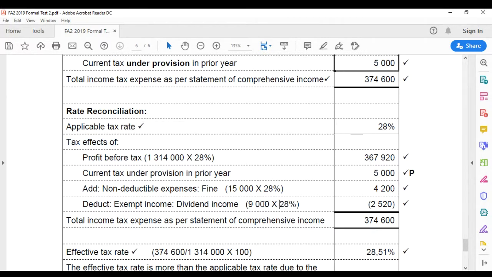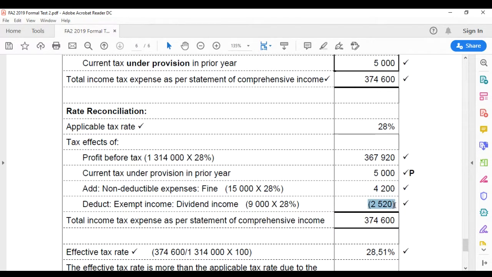So what effect did this 9,000 rands worth of exempt income have on our tax? It reduced the tax by 9,520 rands. 9,000 multiplied by the applicable tax rate. Right. So there we've in effect repeated our tax calculation, except that we show the tax effects and not the gross amounts.